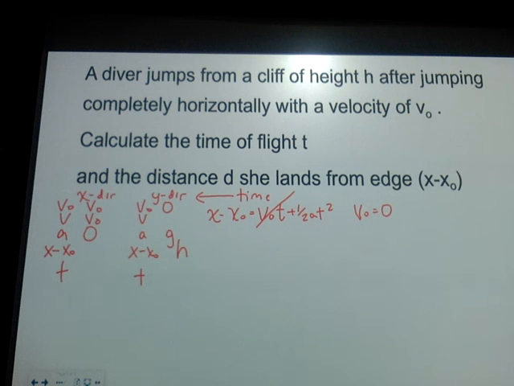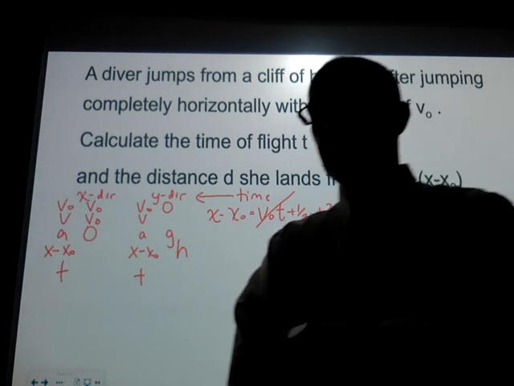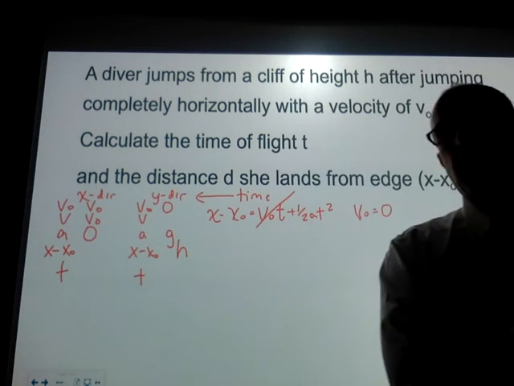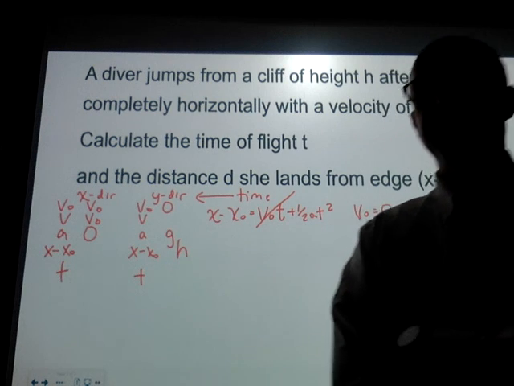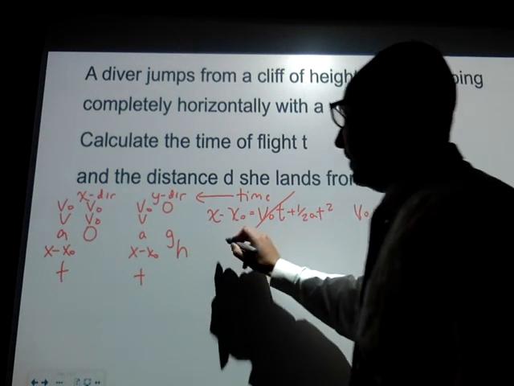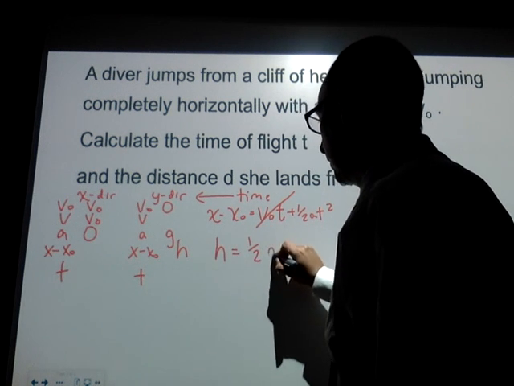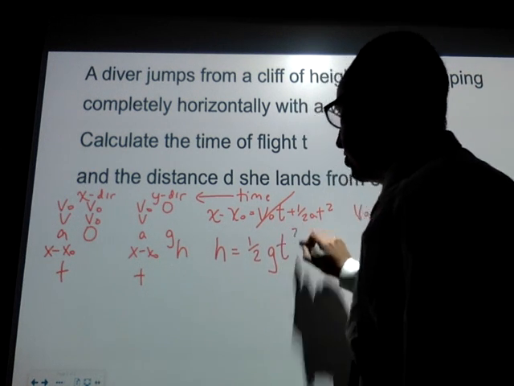That'll be helpful. All right, so I want to get t by itself. I'm going to substitute in their letters. They'll be specific about what letters they want you to solve for, and you'll see as you get into more of the examples what this is. So my x minus x naught is h, and my a is g.